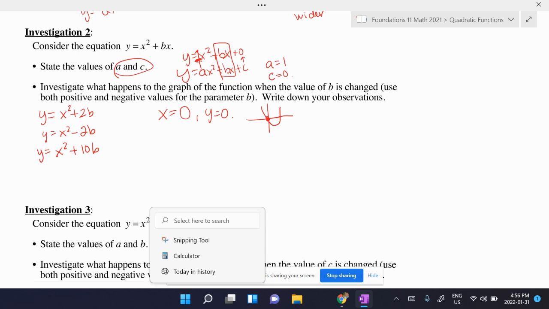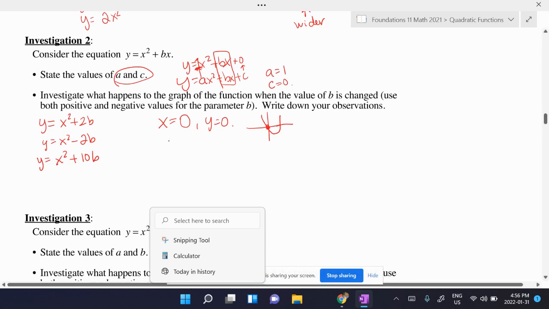And then the other part of this is another intercept, when x is equal to negative b. That's another intercept for y. Okay.